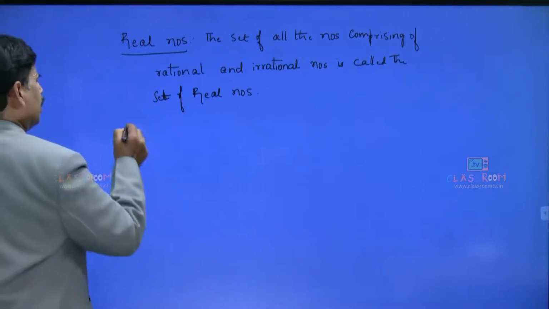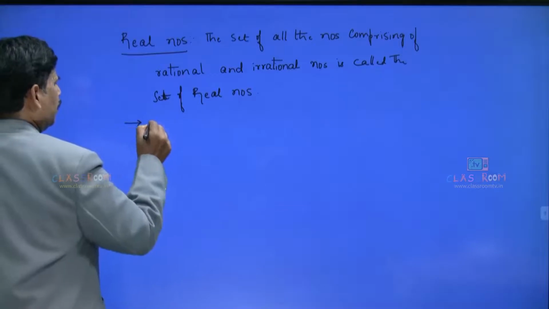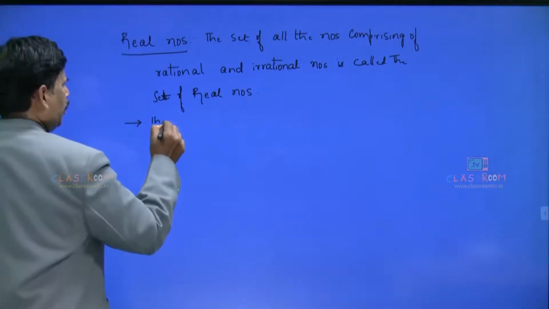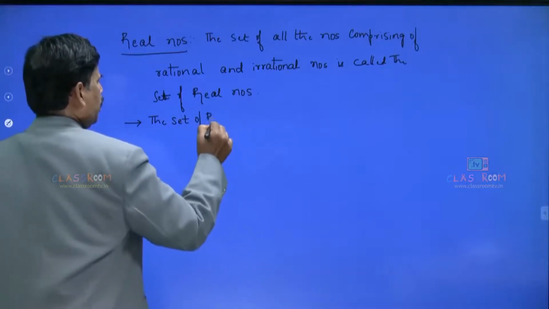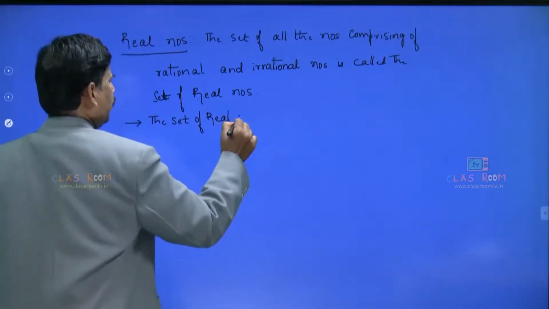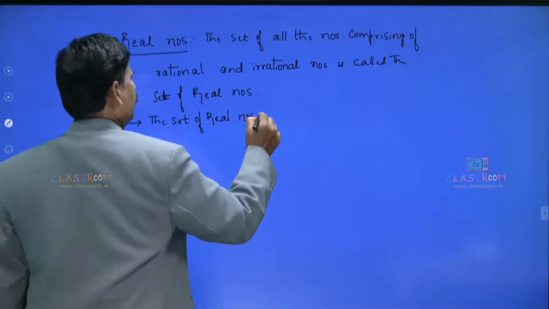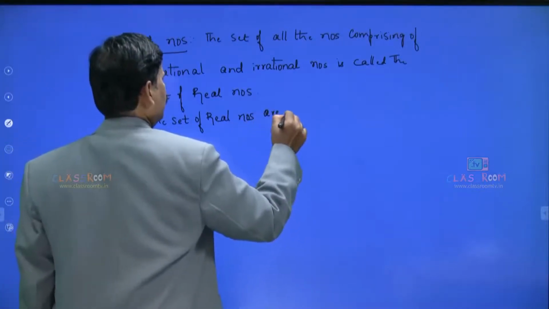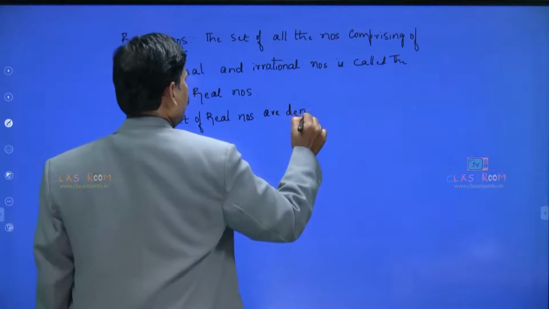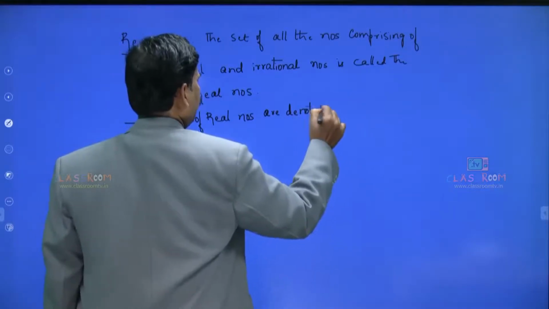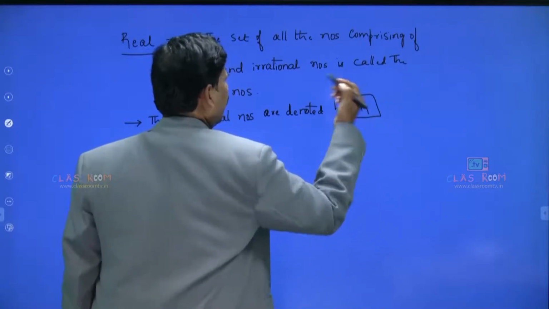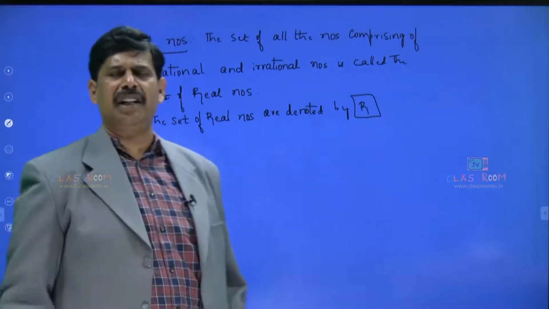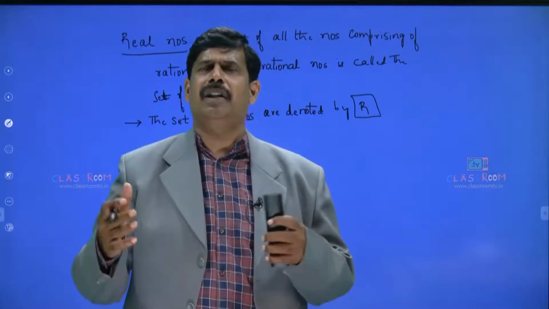So these real numbers are denoted by the letter R. R is the letter which we use to represent the set of real numbers.